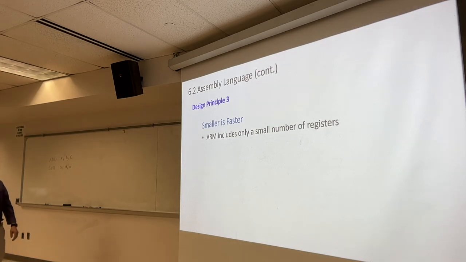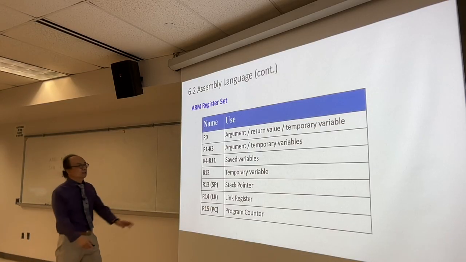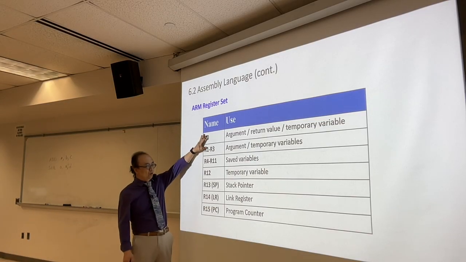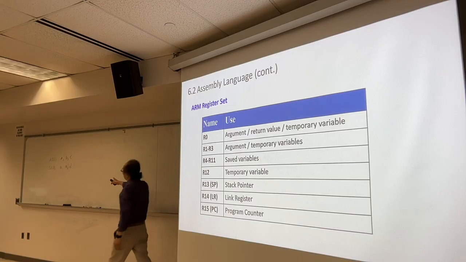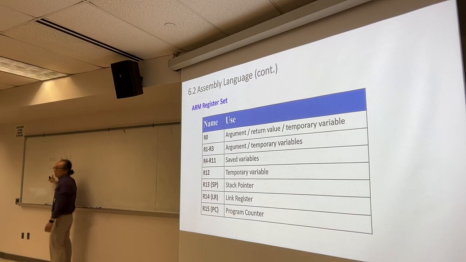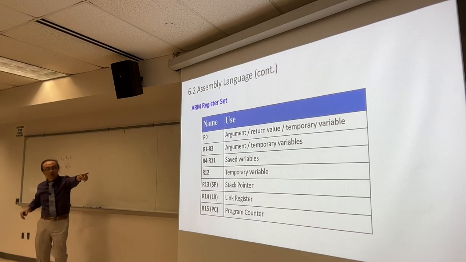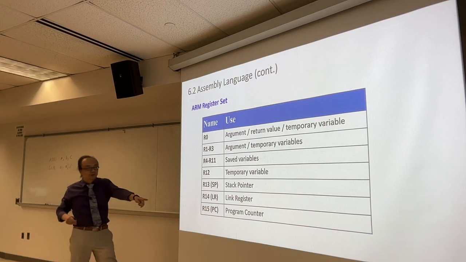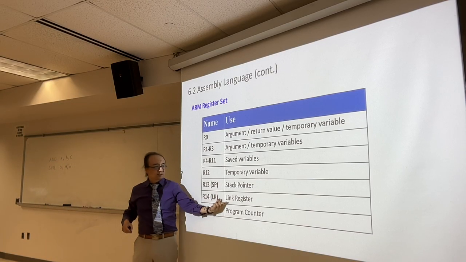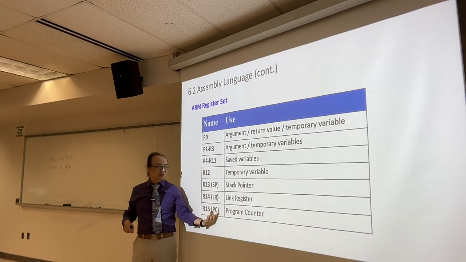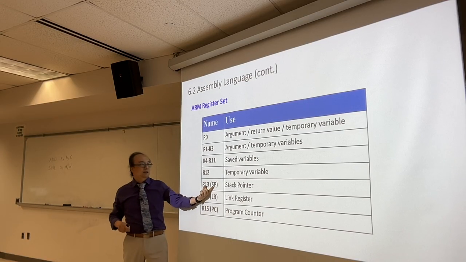The third principle is smaller is faster. That's why we have a small number of registers, from R0 to R15. We wrote A, B, and C here, but that's the first and last time we're going to do it. Now we're going to actually use R0 to R15. R14 is the link register, R15 is the PC, the program counter, and R13 is the stack pointer.